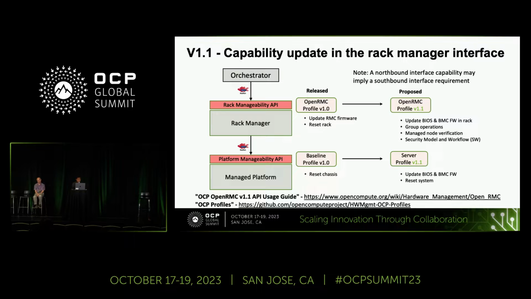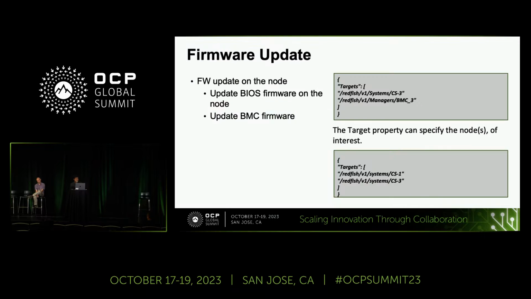On the top of the slide, there are two links: the OpenRMC usage guide on the wiki, and the OCP profile on GitHub. Going back to the three areas of change in 1.1, the first one is managed node firmware update.